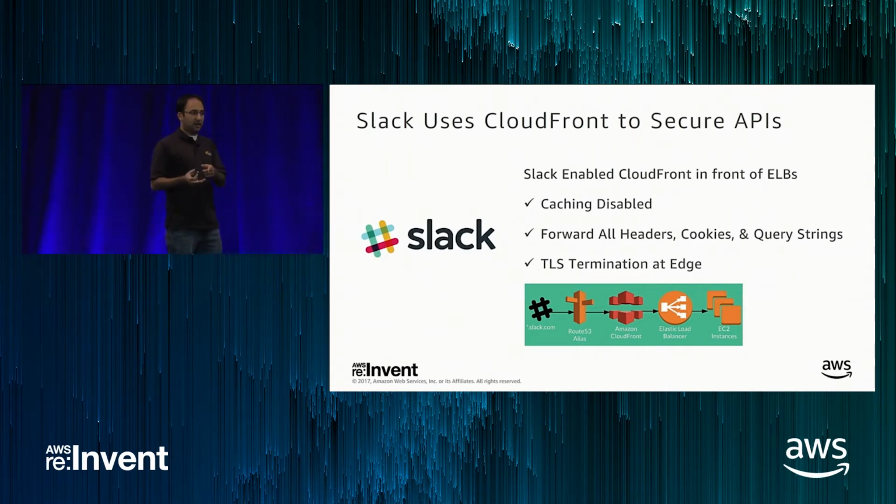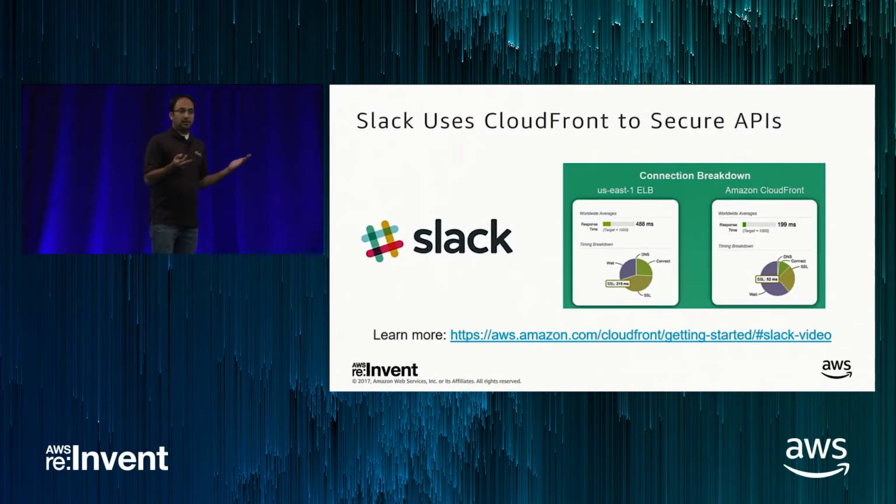Now, what this gave Slack was, of course, the DDoS protection, because CloudFront is in front of all their API requests. But just as what CloudFront does, this improved their response time significantly. Slack was able to decrease the API response time from 488 milliseconds to close to 200 milliseconds. And a couple of the reasons are, as I said earlier, they terminated TLS at the edge. What that means is that all the three-way handshake now happens over a much shorter round trip between the end client and the edge location closest to the end client.